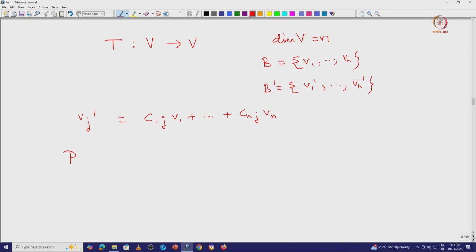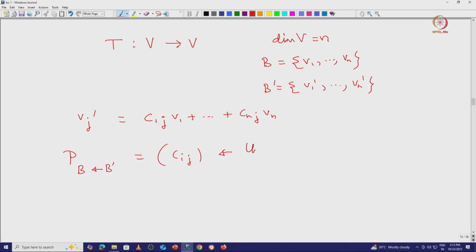So, we define this P from B dash to B. This is a matrix which records this coordinate change.